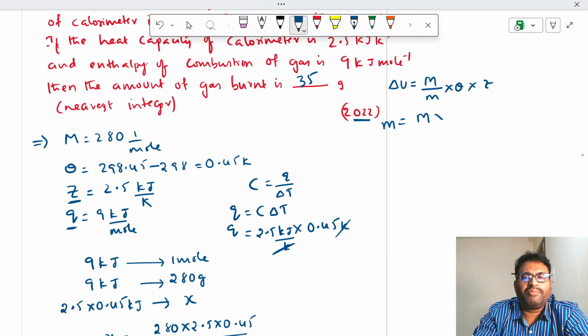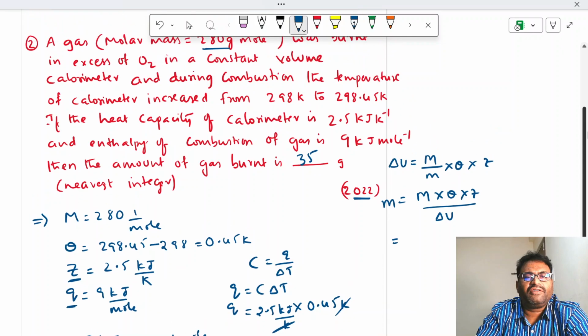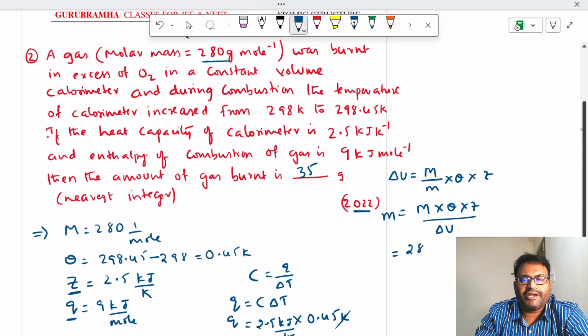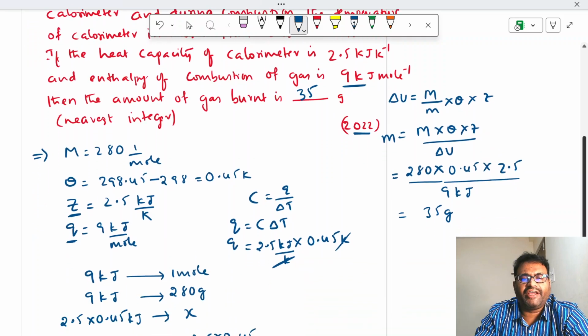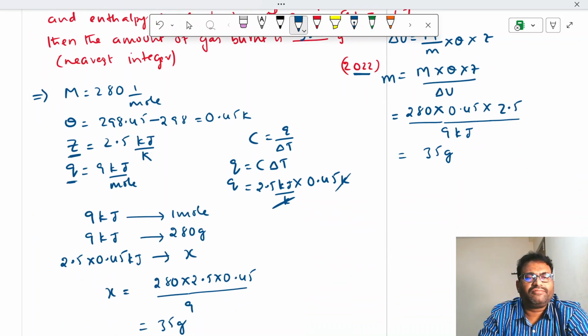What you get? m is equal to M into theta into Z by delta U. Molar mass given is 280 grams into theta 0.45 into Z, Z given 2.5, by delta U, enthalpy of combustion 9 kilojoules. Then what do you get? 35 grams. Either way, you can solve the answer.